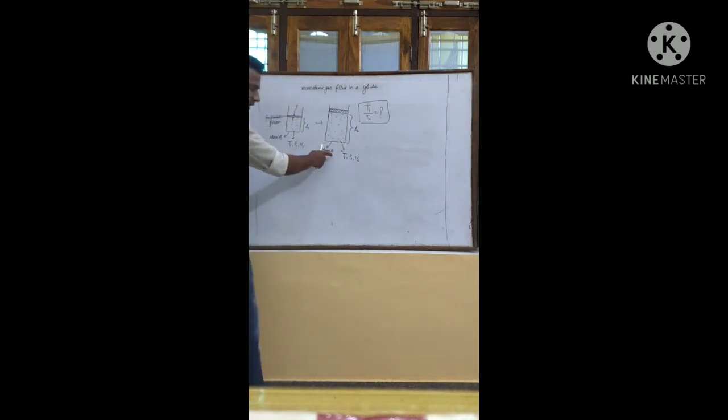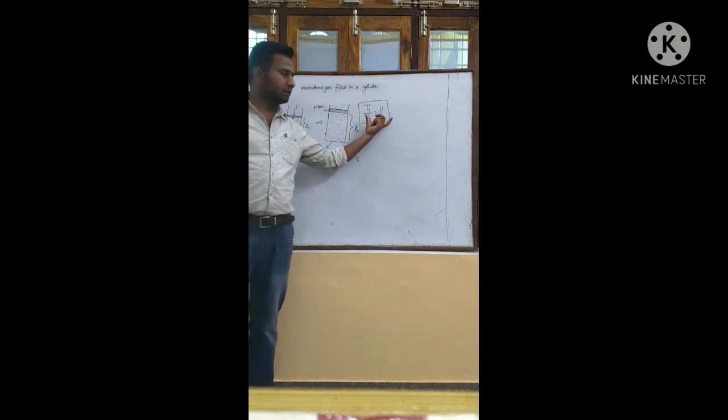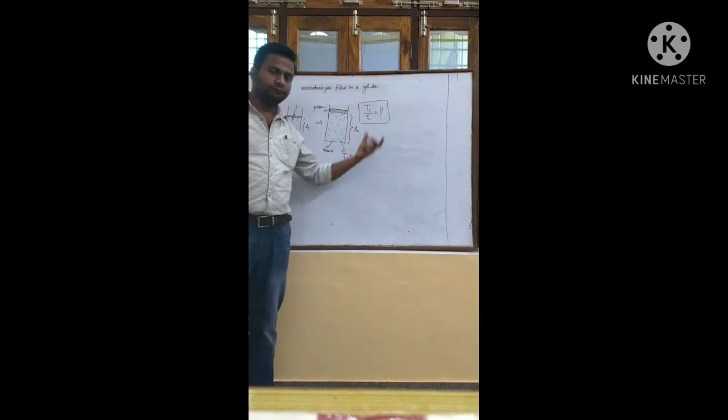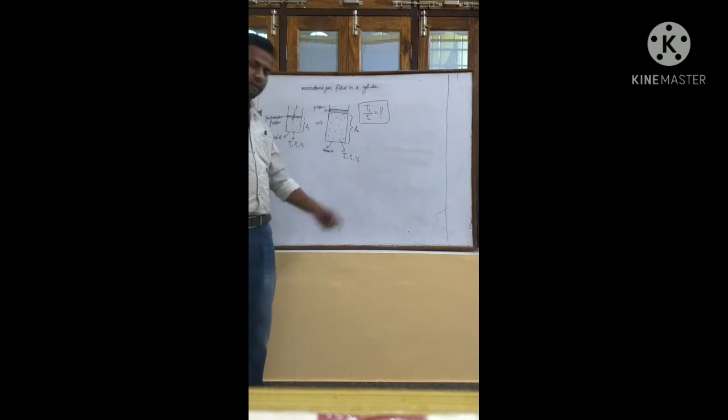Cross section area will be the same as A, and new thermodynamical quantities will be T2, P2, V2. Okay, and this is a piston. They are asking the relation between T1 and T2. Means they are asking the ratio of initial temperature and the final temperature.